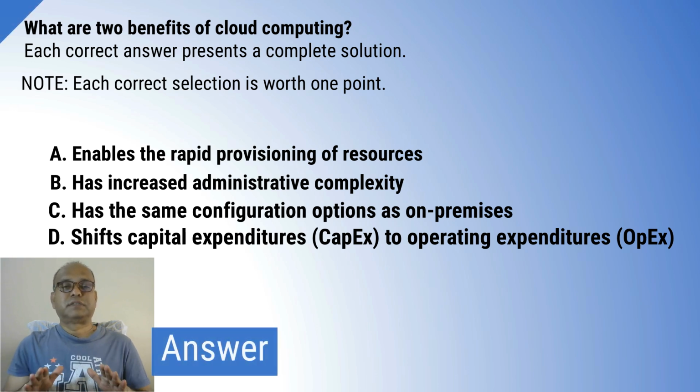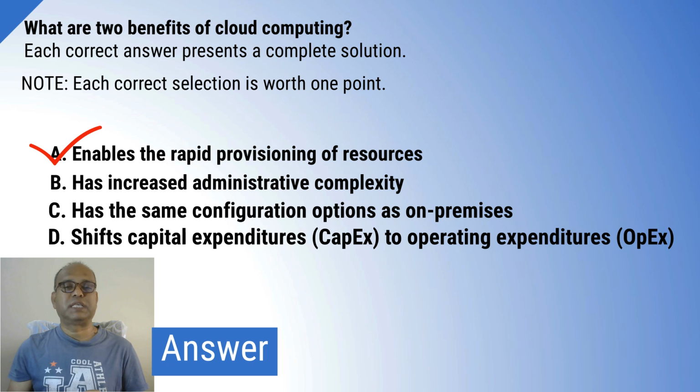Answer. Since Azure allows you to build, deploy and manage apps more quickly and easily without having to buy and maintain the underlying infrastructure, option A, enables rapid provisioning of resources, is correct.